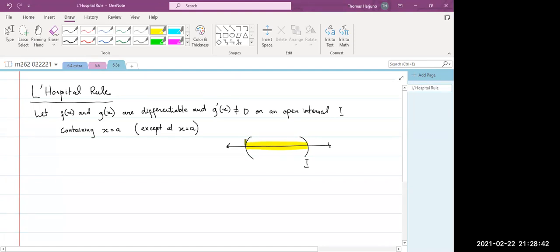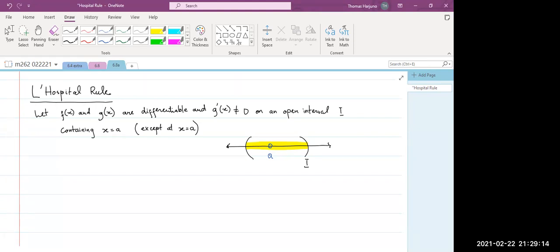And the derivative of g(x) is not equal to 0 except at one of the points there, at a. So maybe 0 at a. But for sure both f(x) and g(x) have to be differentiable in this interval, and g prime x is not equal to 0 in this interval except at that a.